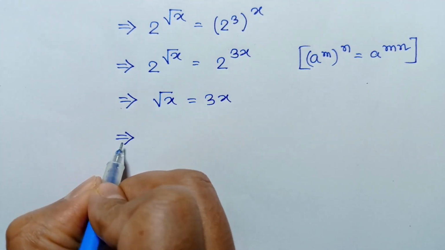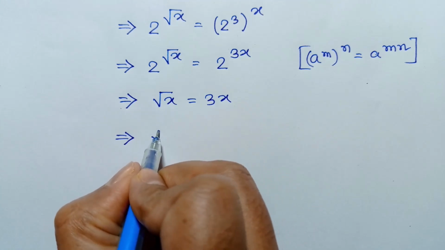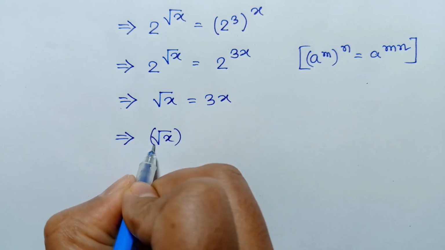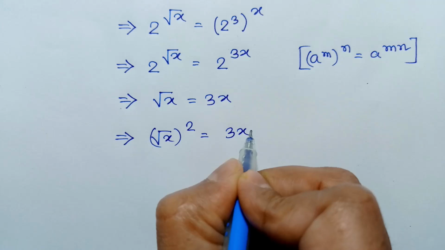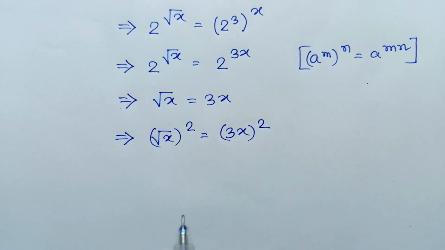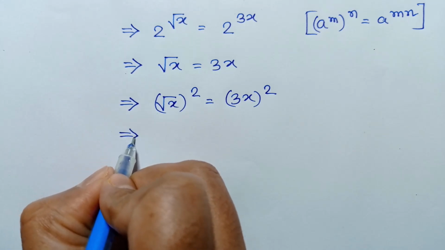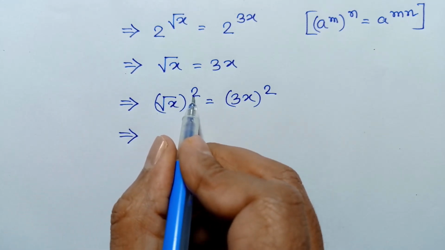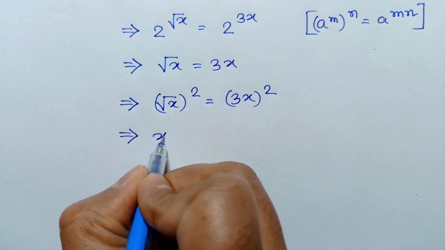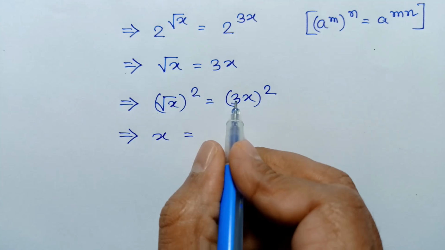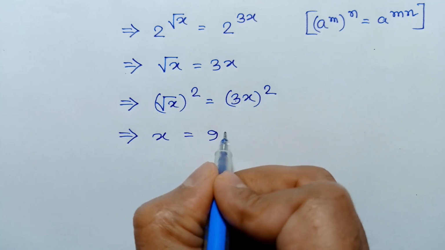Taking square to both sides, we can write square root of x whole square is equal to 3x whole square. The square root and the square will cancel out and it will remain only x is equal to 3 square, which is 9, and x square.